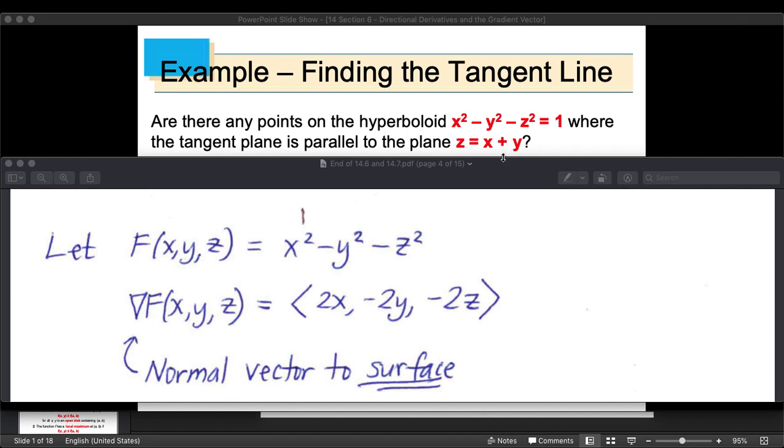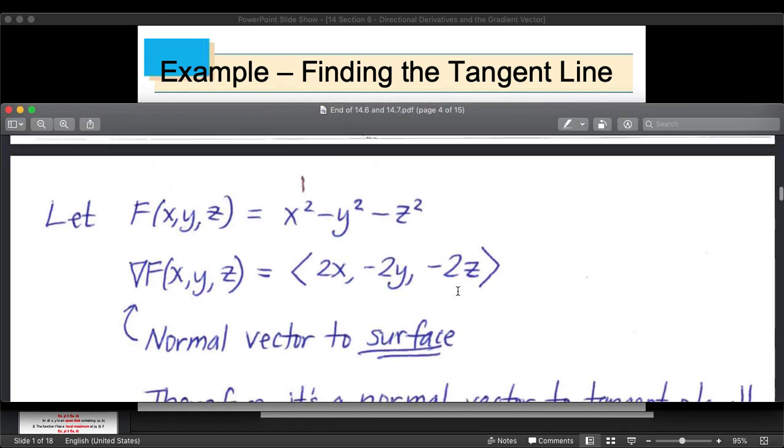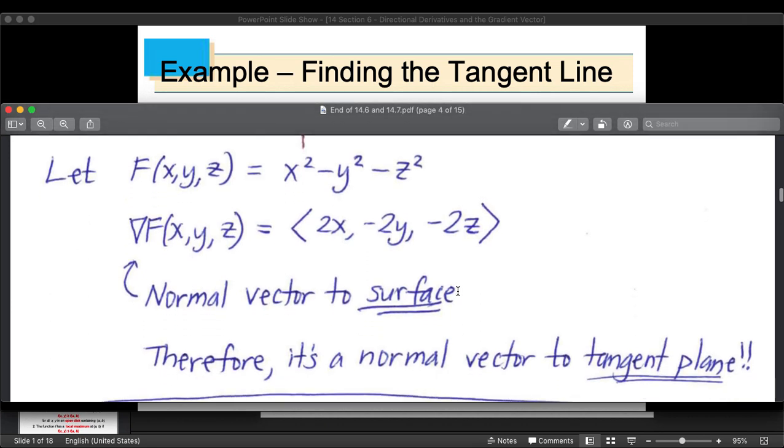So basically, as I mentioned, this normal vector to the surface is going to be the normal vector to the tangent plane.